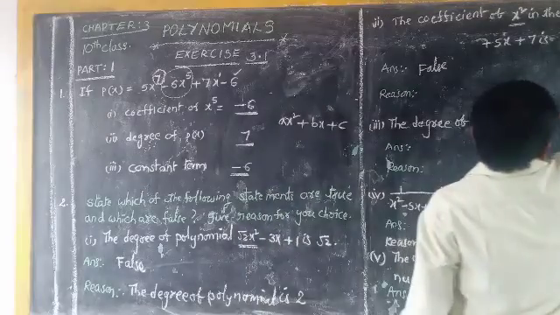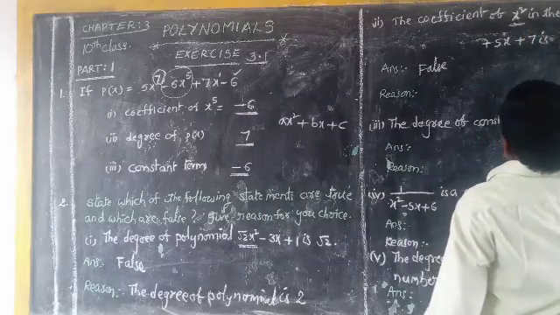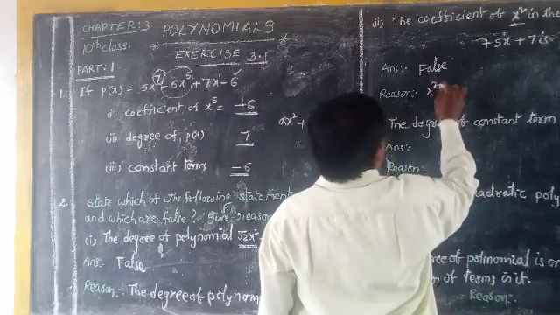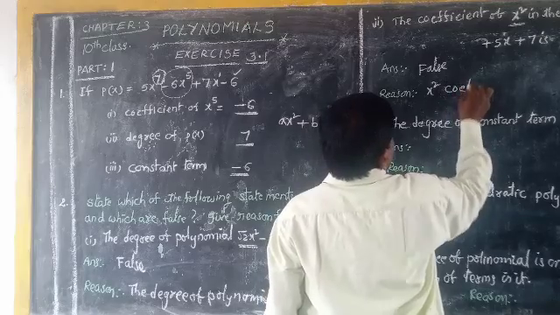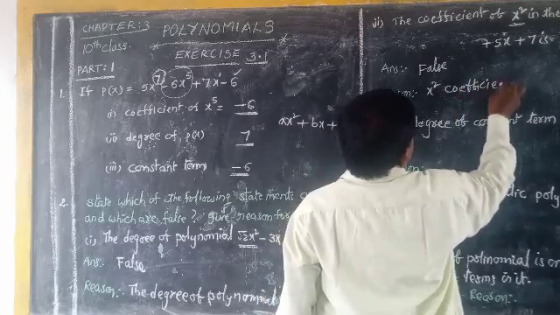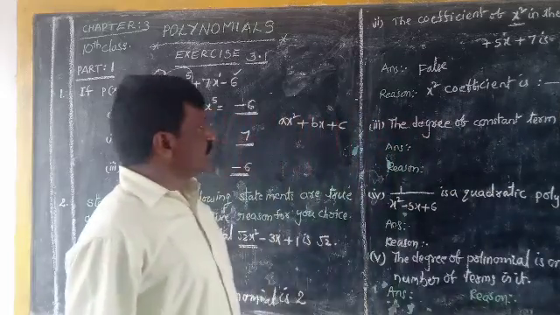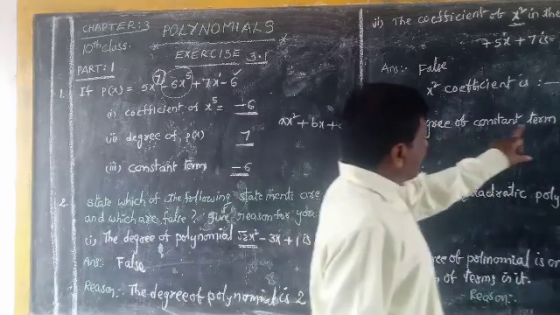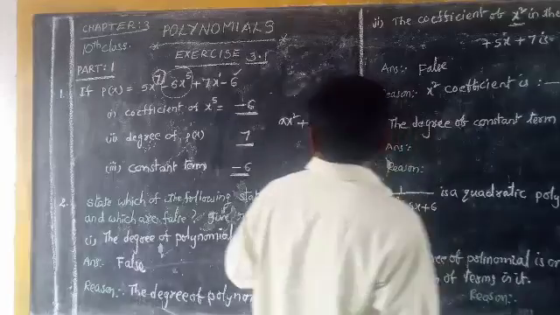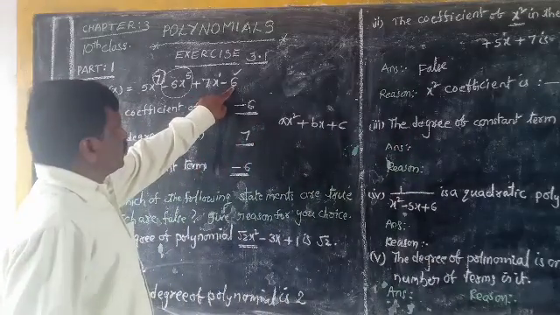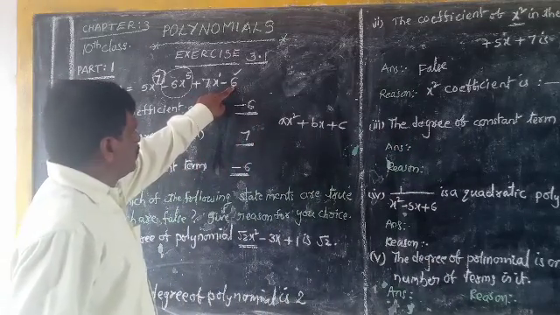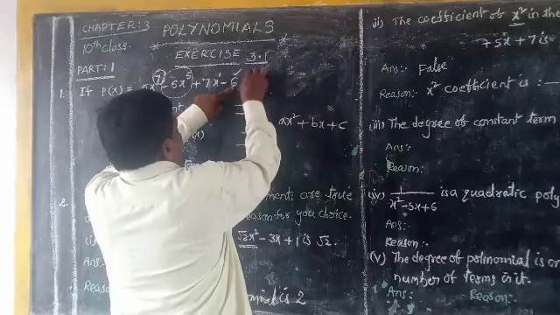Because the x square coefficient is minus 4. Next, the degree of a constant term is 0. Here it is a constant term, so it is x to the power of 0.